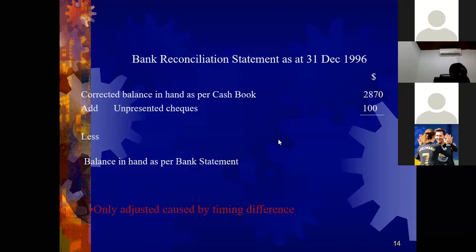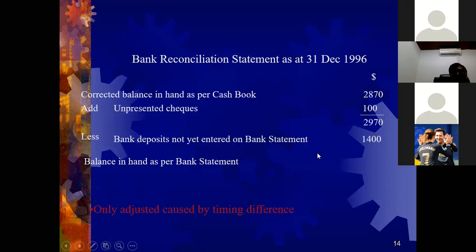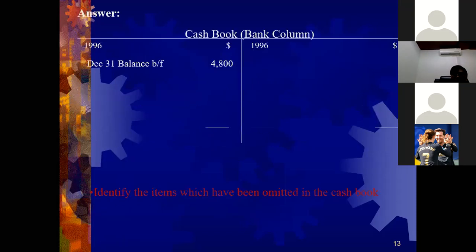And then we list our bank deposits not yet entered, or the uncredited checks, 1,004, to agree with the 1,570. Now let's go back and see whether our bank balance was 1,570.